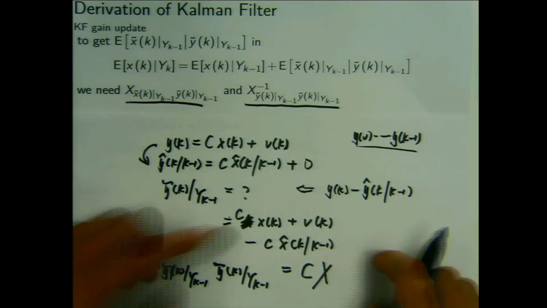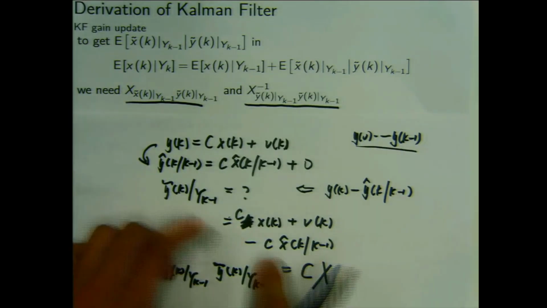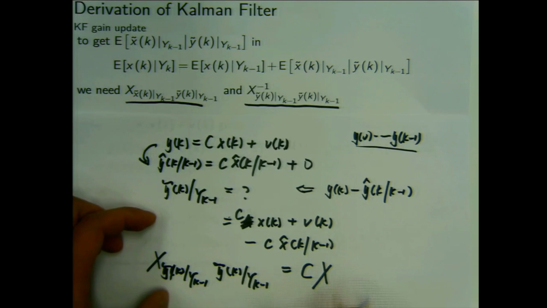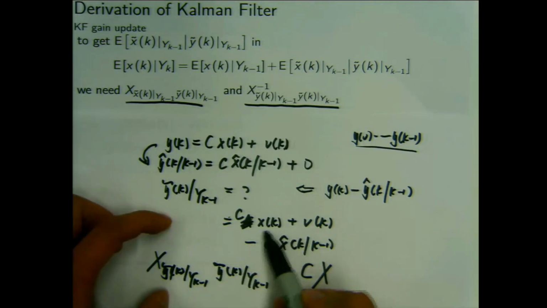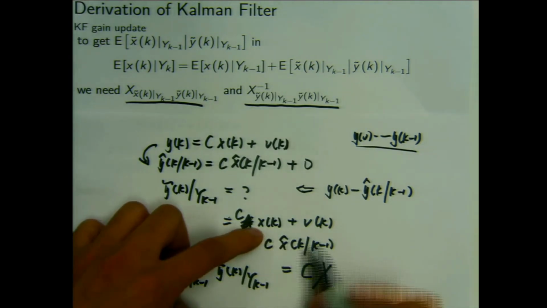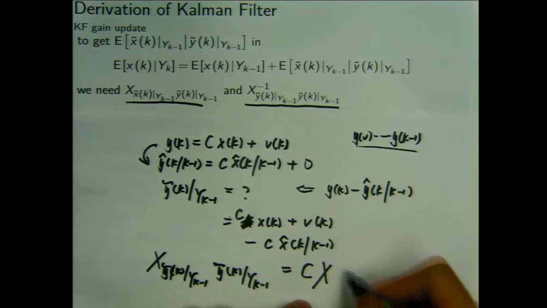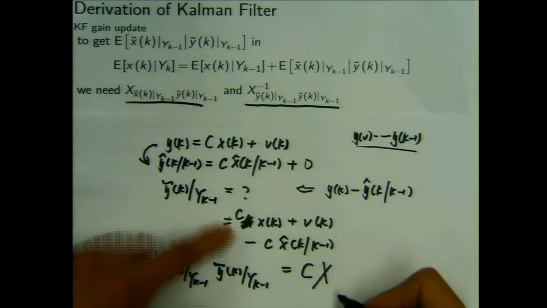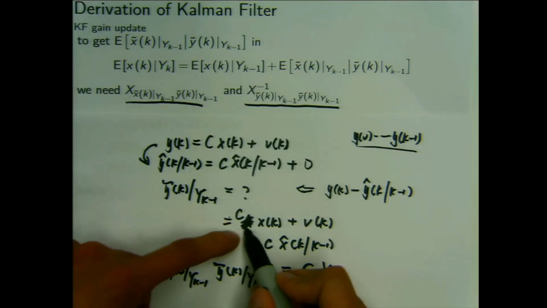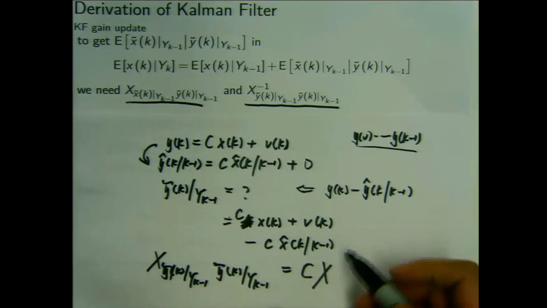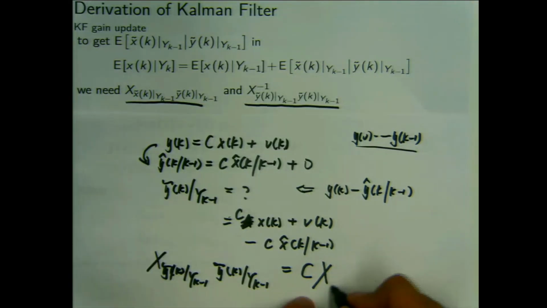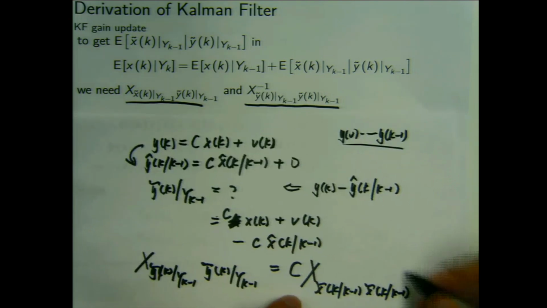You see here, first of all, understand this: the statistical property of y tilde is going to absolutely contain information of x and also v. So we will have at least 2 terms. Keep that in mind at the beginning. Then later, look at this quantity and this quantity here. I'm going to have C, the information of x given k minus 1, and then a C transpose.